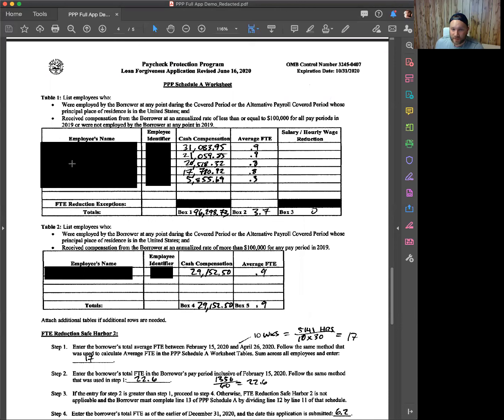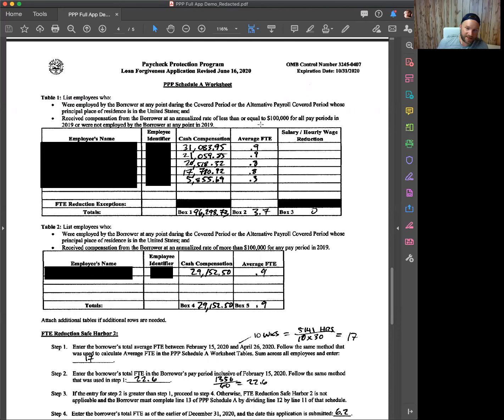So in table 1, you are going to list any employees that you were employing during any point of the covered period, right? So basically anybody who you are employing or have been employing since you got the PPP funds until the end of your covered period, so usually for that 6 months following, and that received compensation from you of less than 100K a year last year, right?